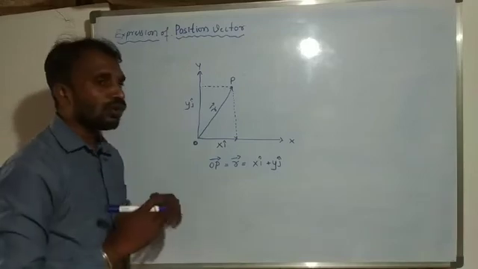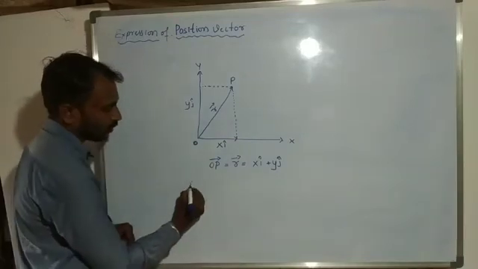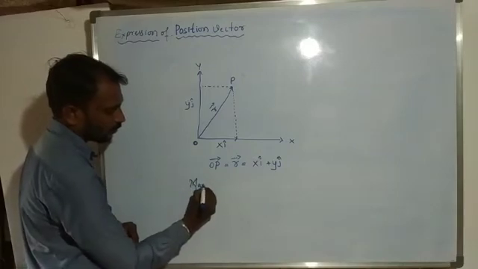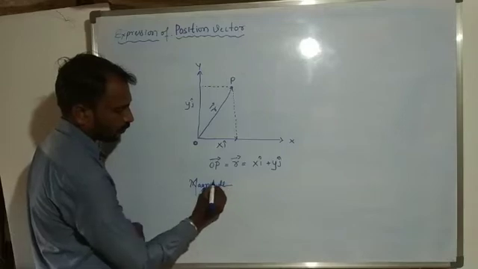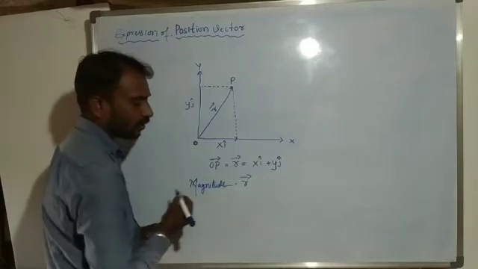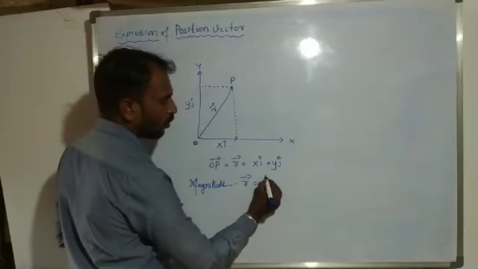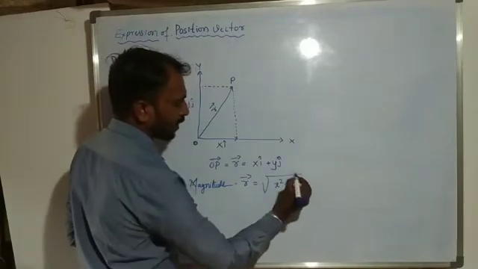And here we want to calculate the magnitude of this position vector. So the magnitude of vector R is equal to whole root of x square plus y square.